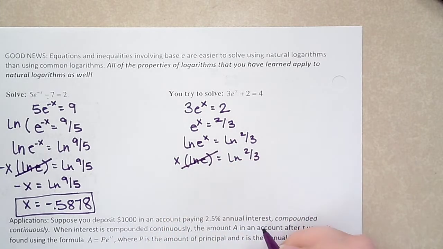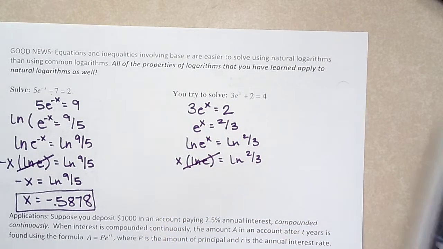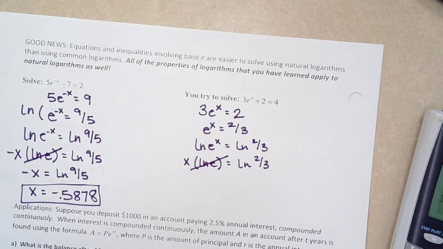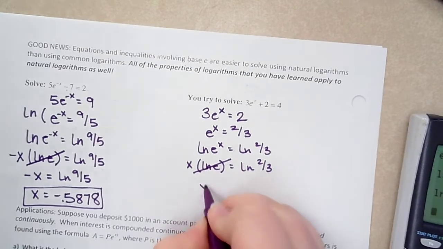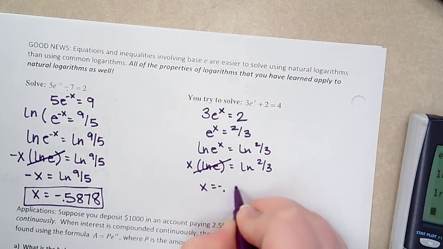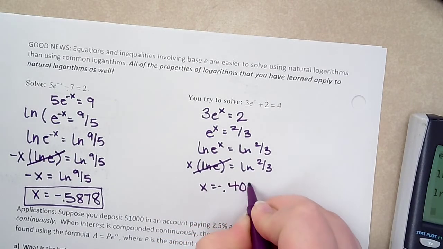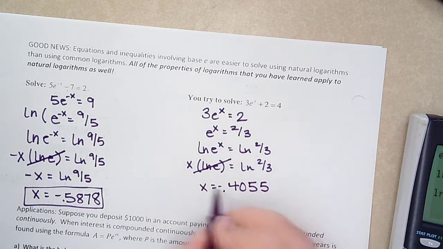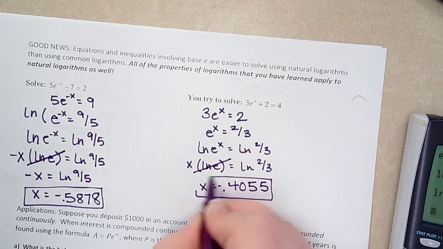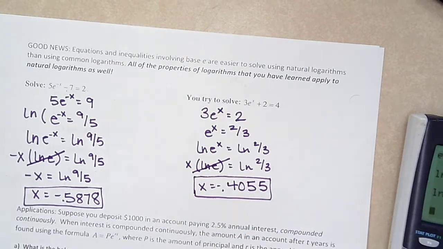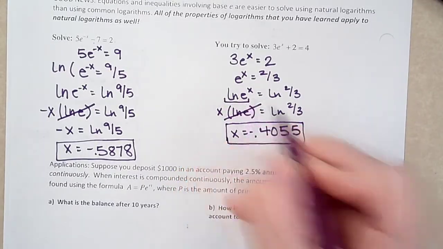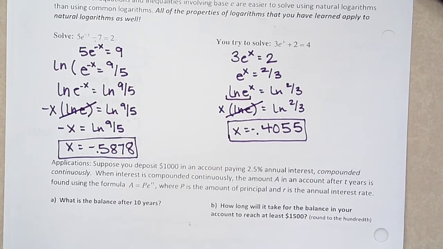This becomes that 1, and x equals ln of 2 over 3. When I throw that into my calculator, I get negative 0.4055. Again, the only new thing that we've introduced today is how to cancel out that e.